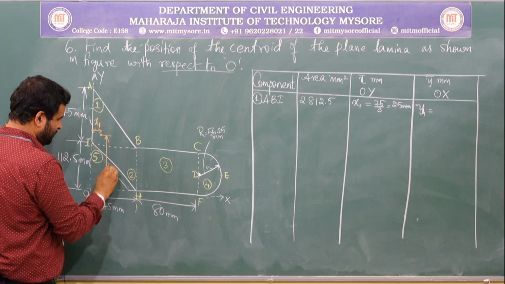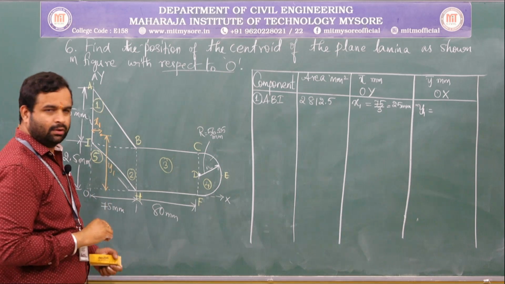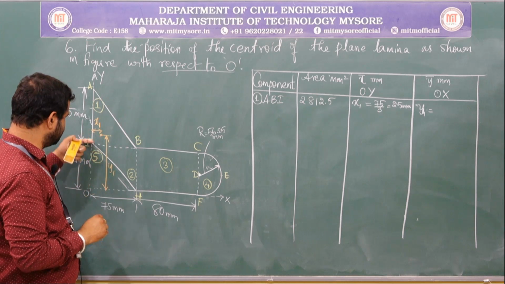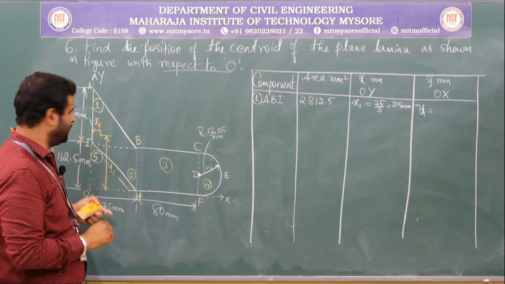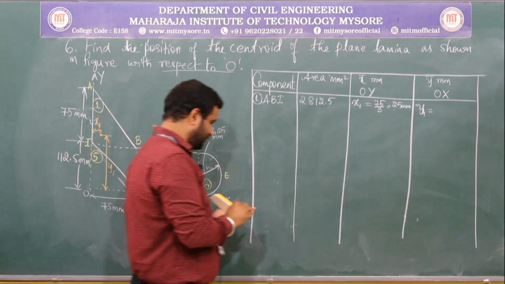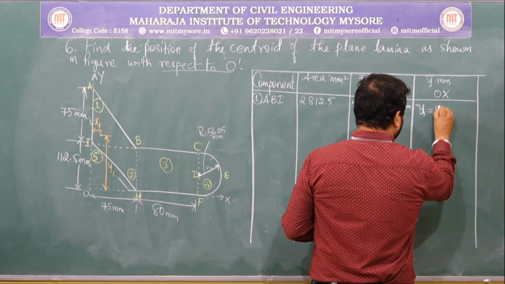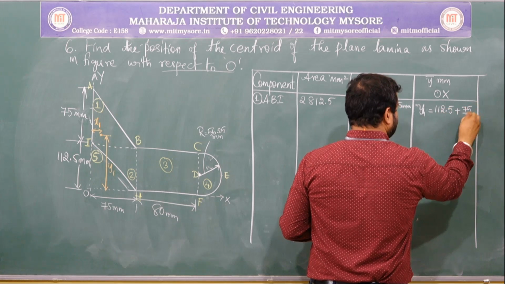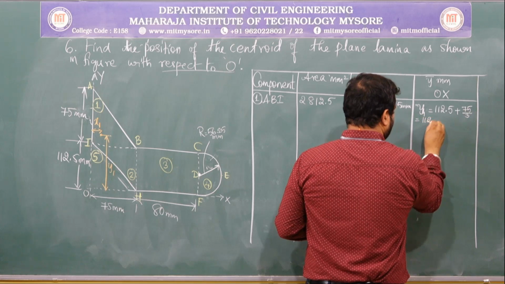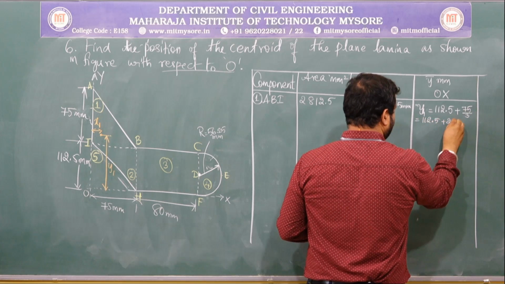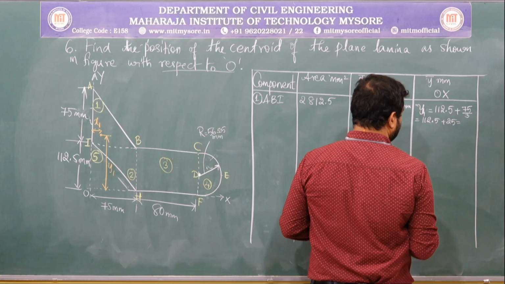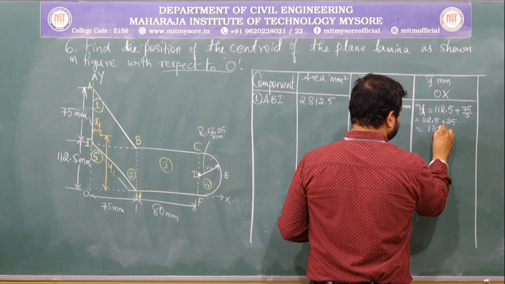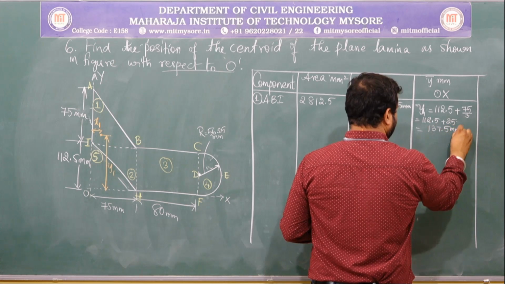This is the y1 value. So, y1 is measured from this axis until this point. So, from this to this point we have 112.5 plus 75 by 3, that is h by 3, which is equal to 112.5 plus 25, which turns out to be 137.5 mm.